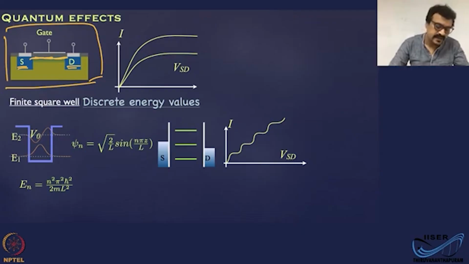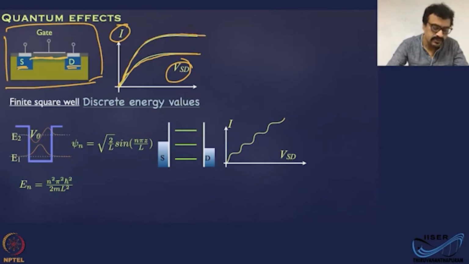The source drain characteristics, or IV characteristics, VSD versus the current, will look like this curve as shown, and these are two IV curves for different gate voltages. This is for one gate voltage, this for another. There are two curves here. Okay.